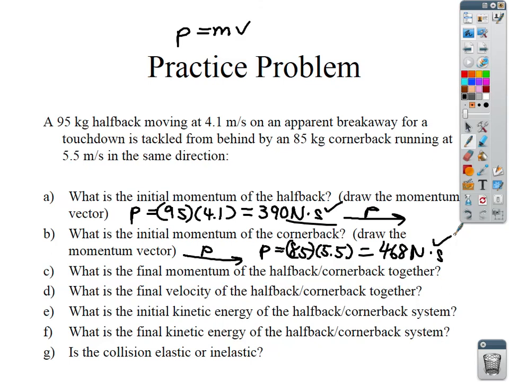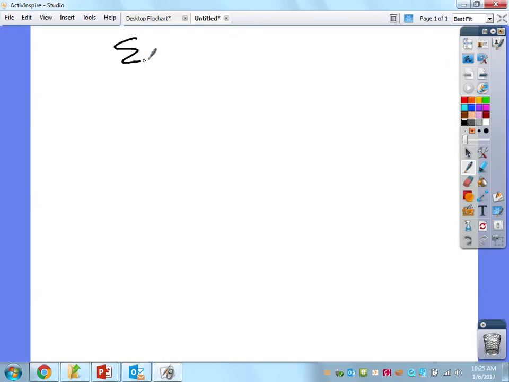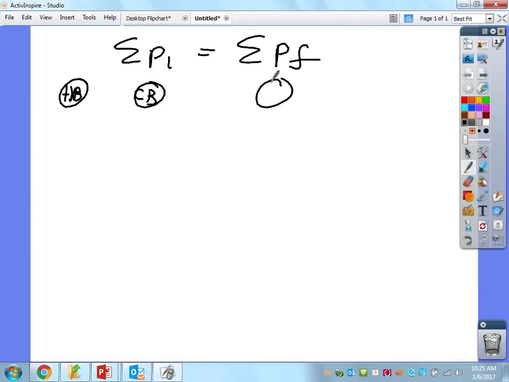That's when the two objects are now together. So I'm going to go back to the whiteboard so we can see this better. Basically we're saying the sum of the initial momentums must equal the sum of the final momentums. Well, initially you have two different objects, the halfback and the cornerback. Afterwards, they are tackled together. They are together at this particular point.